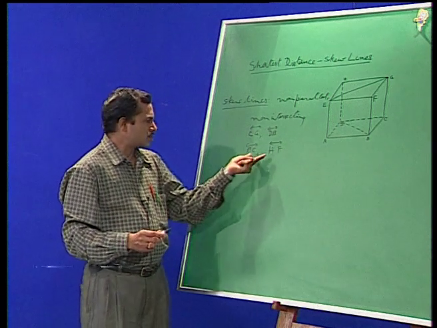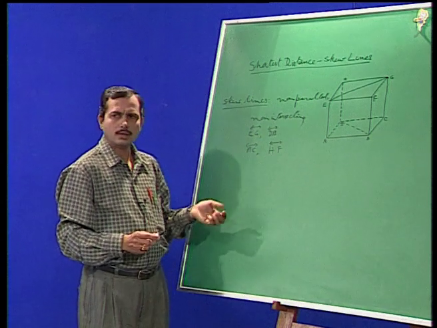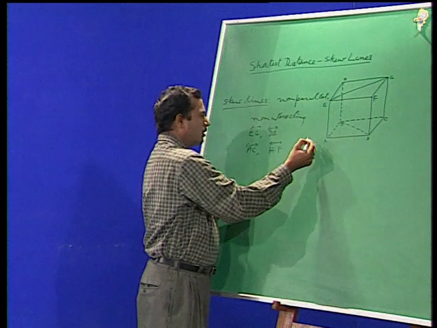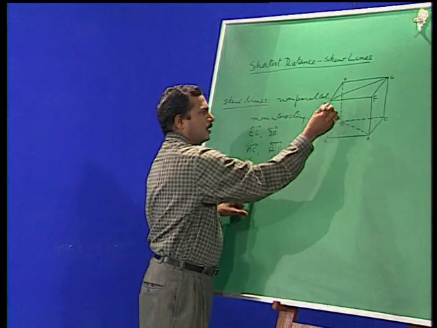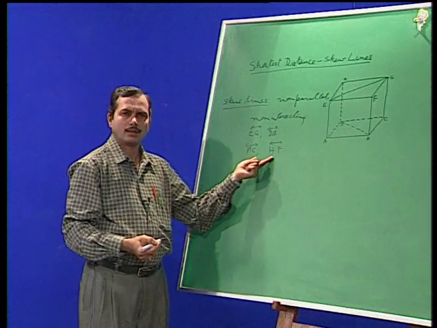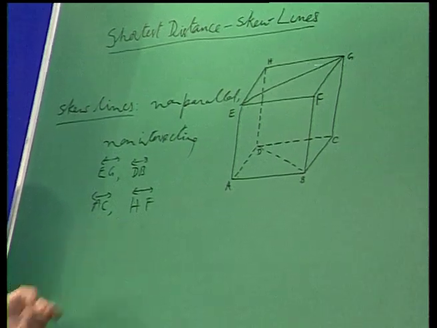Therefore, these two also form a pair of skew lines. Here AC is this diagonal and HF is this diagonal. Again, these are non-parallel and non-intersecting. Therefore, again these two form a pair of skew lines.